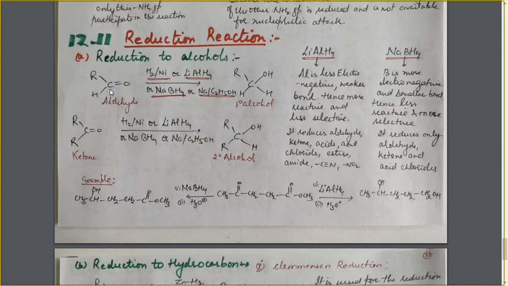If we oxidize the hydrocarbon molecule, we will first get the alcohol, and from alcohol on oxidation we will get the aldehyde and ketones, and from aldehyde and ketones we will get the carboxylic acid, and carboxylic acid on further oxidation we will get carbon dioxide, and on reduction the reverse sequence will take place. From carboxylic acid we will get the aldehyde and ketones, and from aldehyde and ketones we will get the alcohols, and on complete reduction we will get the hydrocarbon. This sequence we have discussed in the previous lecture.